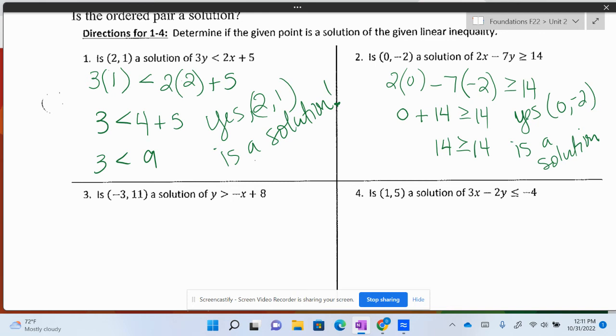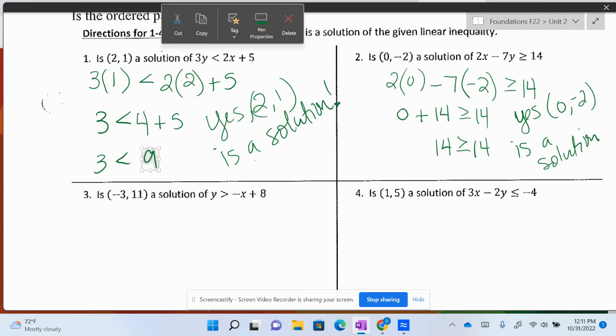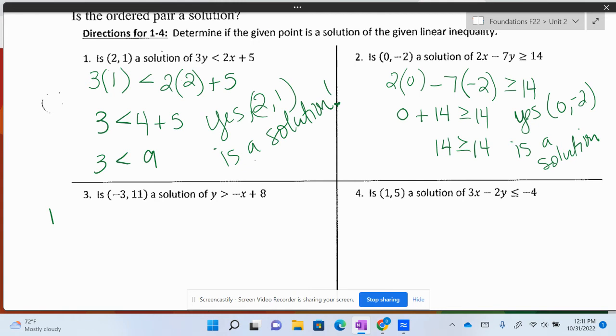Ready, go. Last names. Just do it on your paper. Watch out for number 3, it's tricky.